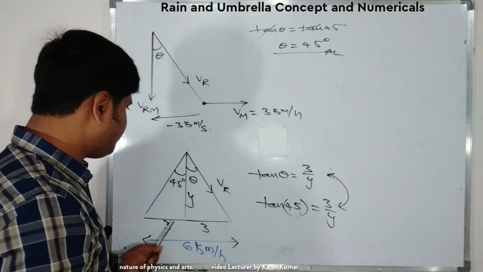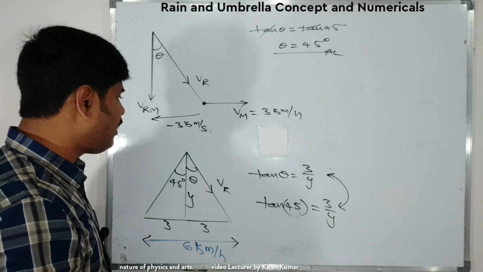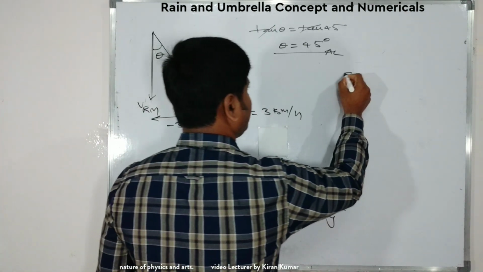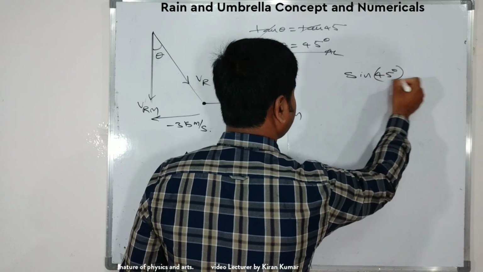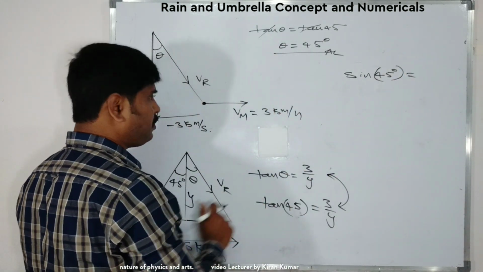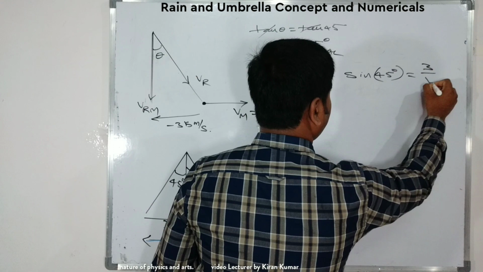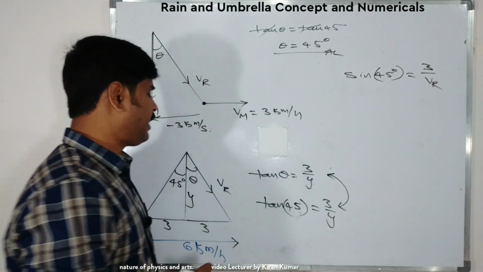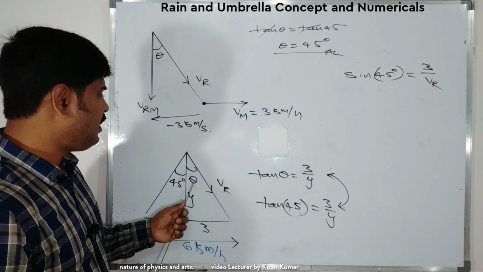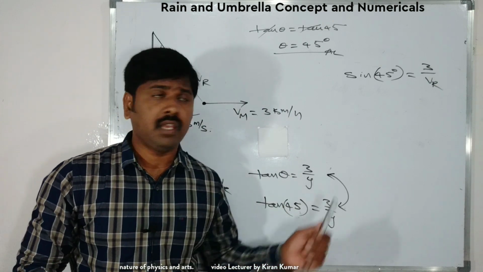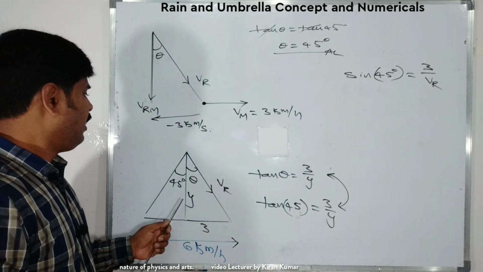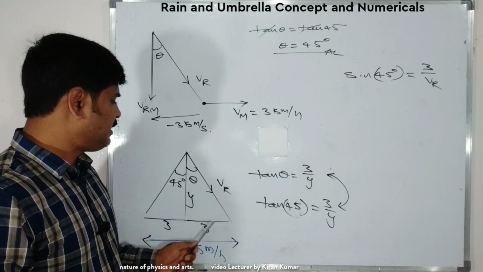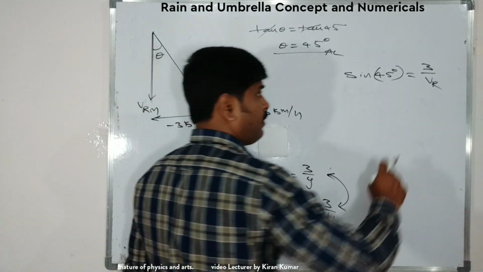And we have to find the velocity of the rain. For that, sine theta, with theta 45 degrees, is equal to 3 divided by VR. Try to understand. So sine 45 degrees, opposite by hypotenuse, is 3 divided by VR.